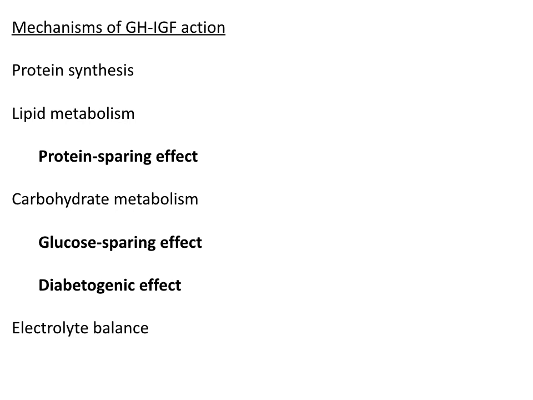All right, so now let's talk about the mechanisms of growth hormone and insulin-like growth factor action. The first is protein synthesis, which is going to occur primarily in your skeletal muscle, cartilage, and bone. These hormones are going to tell the cells in these tissues to increase their amino acid uptake.